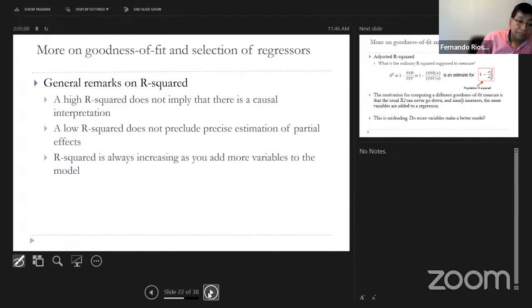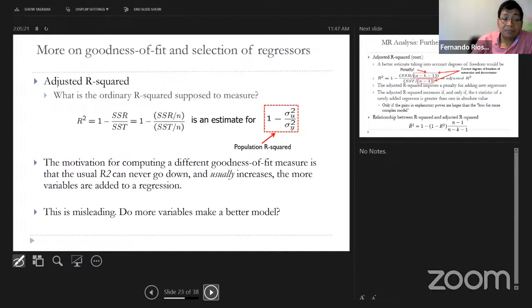But that's it. Now, because the R-square is always increasing when you add more variables, it is not going to be the best approach to tell people how good your model is at explaining the data, because it's possible that a lot of the gains that you're getting are just because you're having more data included in the model. Because of that, instead of using the R-square, we can use the adjusted R-square.